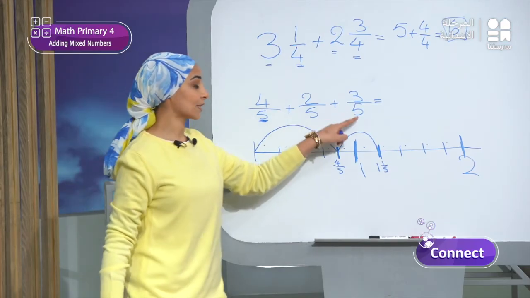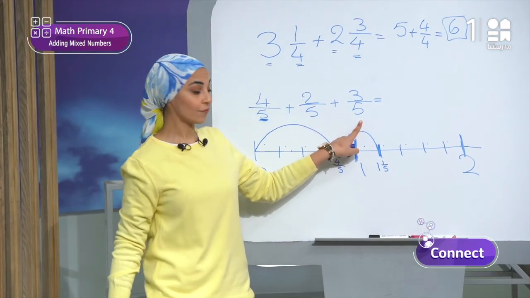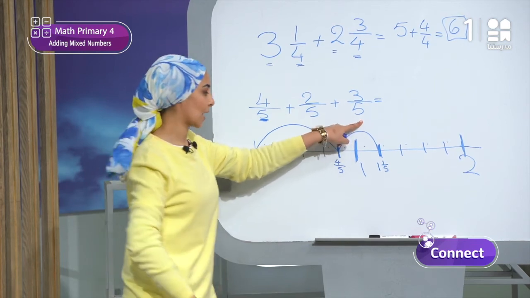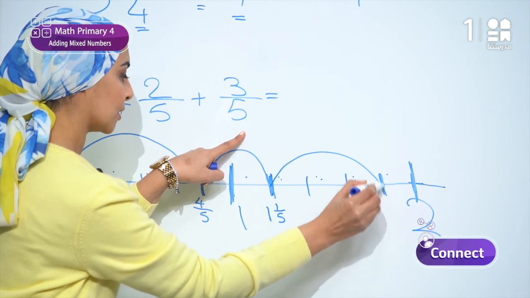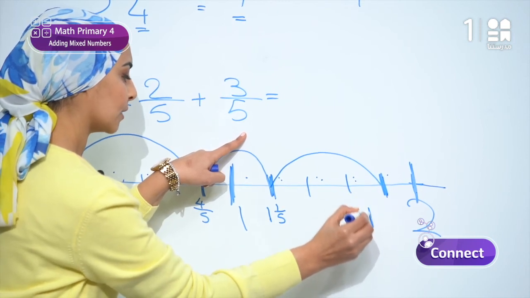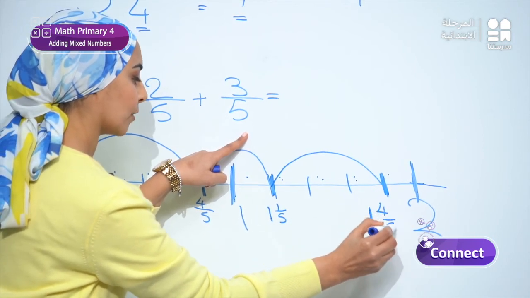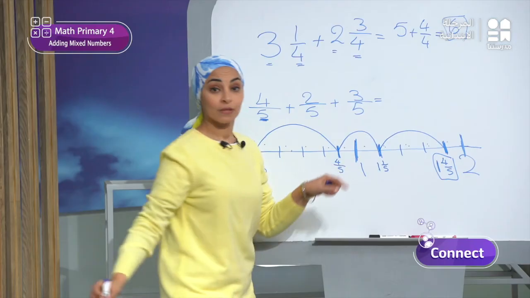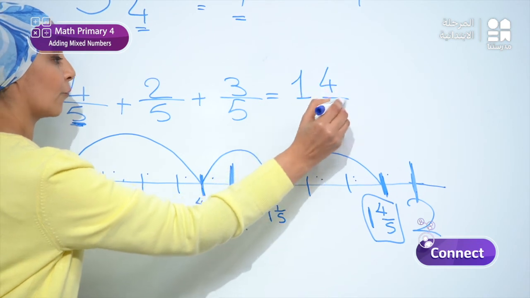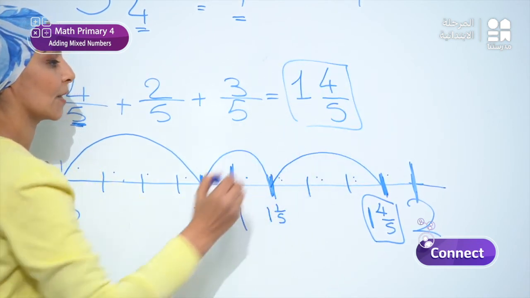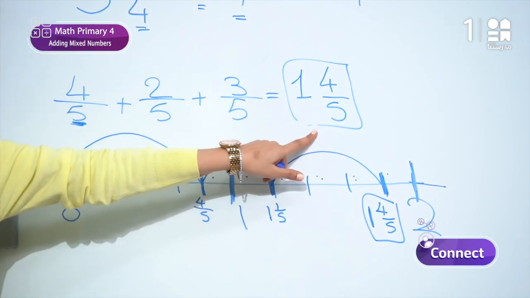And then I must add 3 over 5, so I will move 3 steps. 1, 2, 3, so I will reach here, which is 1 and 4 over 5. So my answer is 1 whole and 4 over 5 as a fraction, and this is called a mixed number.